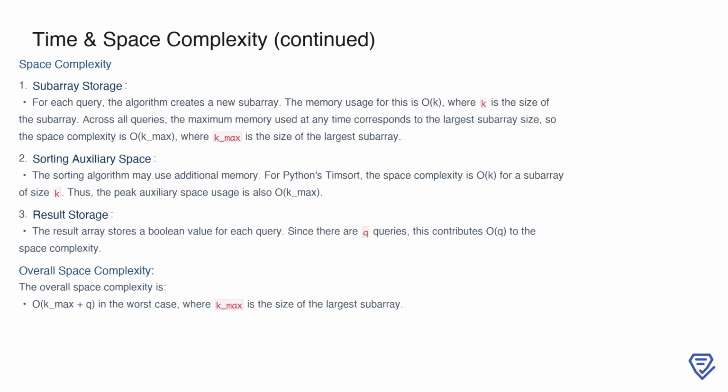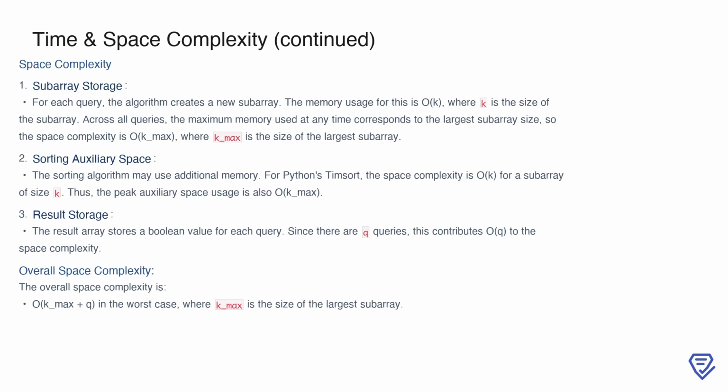Now let's consider the space complexity. For each query, the algorithm creates a new subarray. The space required for this is O(K), where K is the size of the subarray. Across all queries, the maximum memory used is determined by the largest subarray size, denoted as K_max.